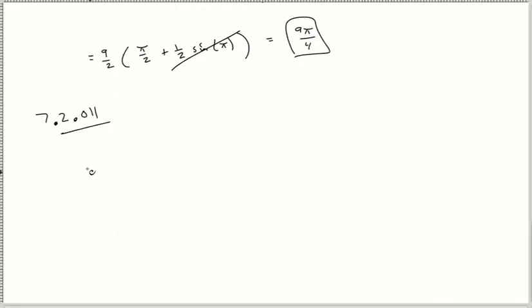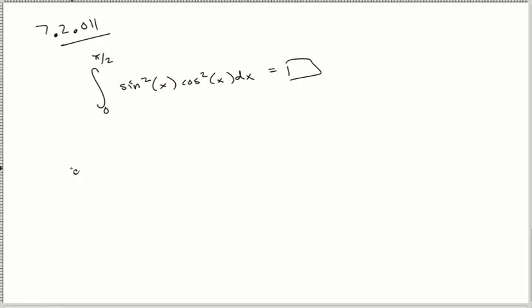Continuing on. We have the integral from 0 to pi over 2 of sine squared x cosine squared x dx. I'm going to use the same formulas as last time. This one gets a cosine 2 theta, but with a minus in the top, and this one gets a cosine 2 theta, but with a plus sign in the top.